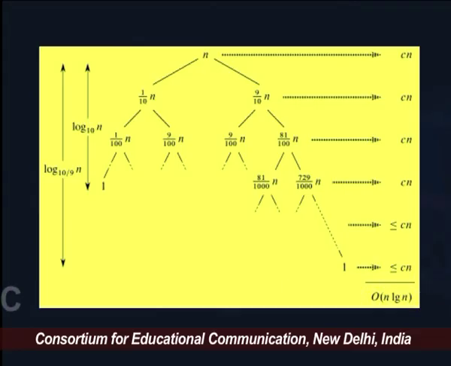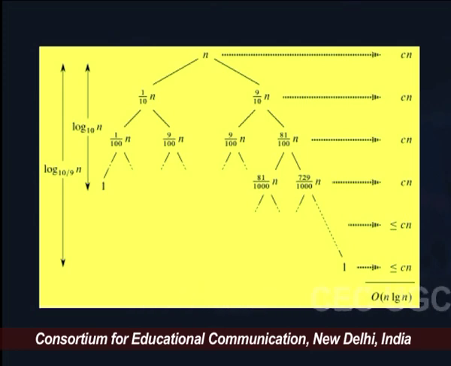Similarly, 9 by 10 n is again partitioned into 9 by 100 n and 81 by 100 n. So, every time we get a partition with a 1:9 ratio, and that is why we have called it a 1 to 9 split.